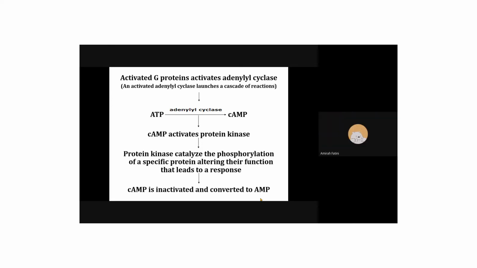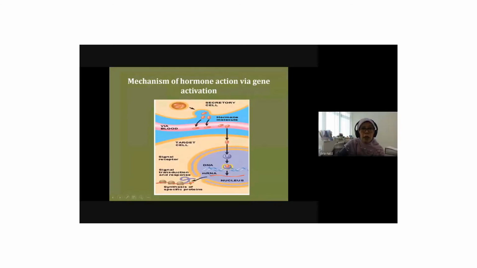Okay. Now we look at the mechanism of hormone action via gene activation. There is a figure taken from the Campbell textbook. This is the secretory cell with the hormones in there. Once the hormone is secreted from the cell, it will travel via the blood to the specific target cell.